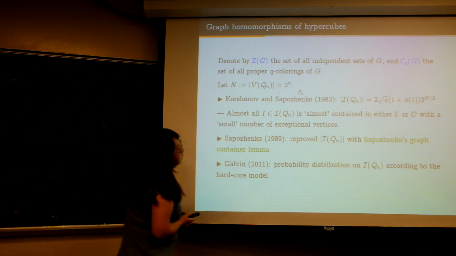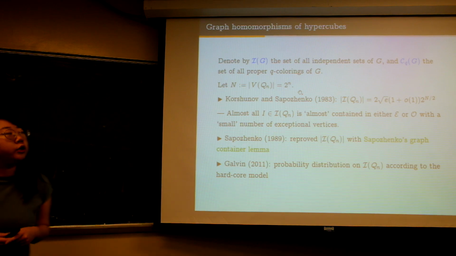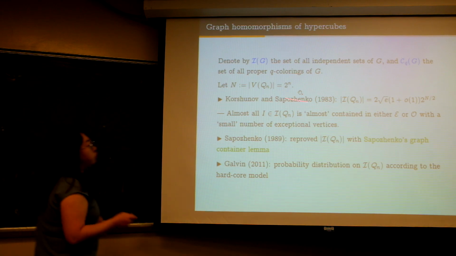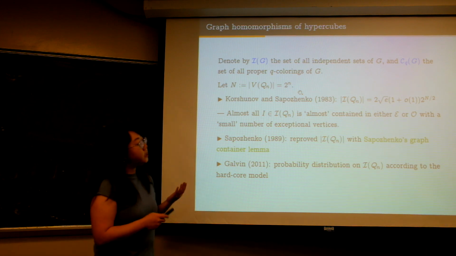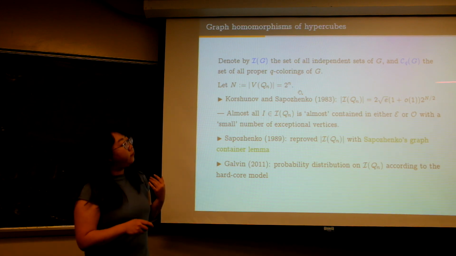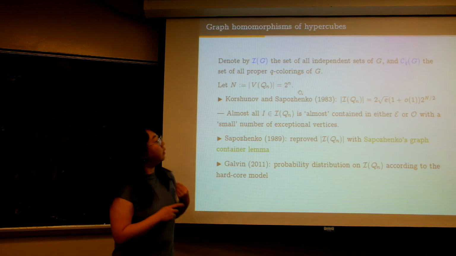The study of these enumeration problems on the hypercube can be traced back to Korshunov and Sapozhenko in 1983, where they first determined the number of independent sets in a hypercube by this formula.